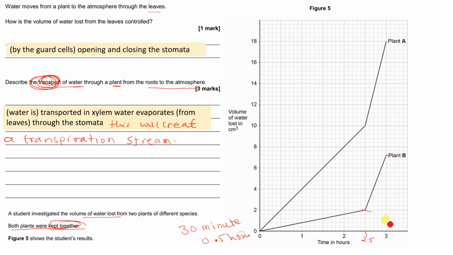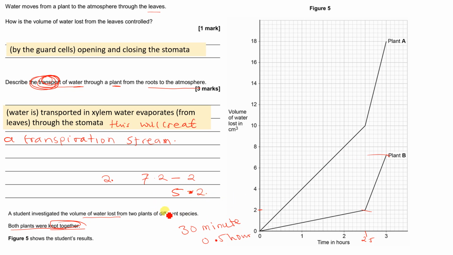So what is the rate of water loss from 2.5 to 3? At 2.5 it is 2. Now at 3 it is 7.2. So the water loss from 2.5 to 3 will be 7.2 minus 2, which is from where it starts to this point. If you do that, you now have 5.2.